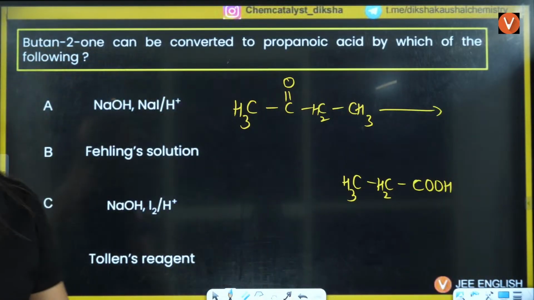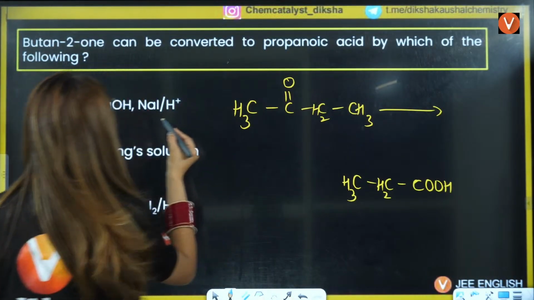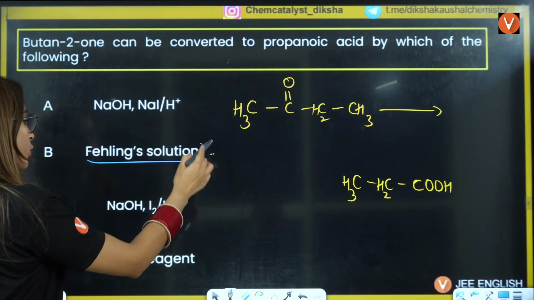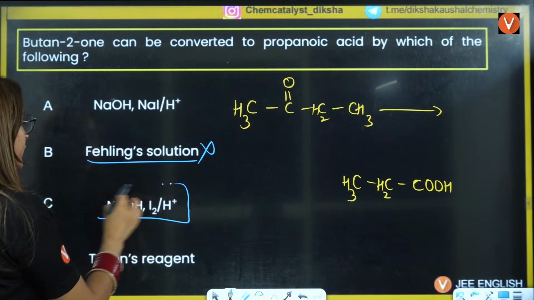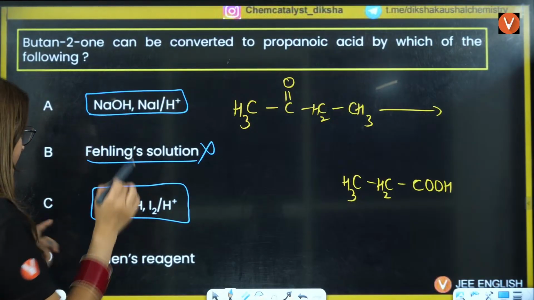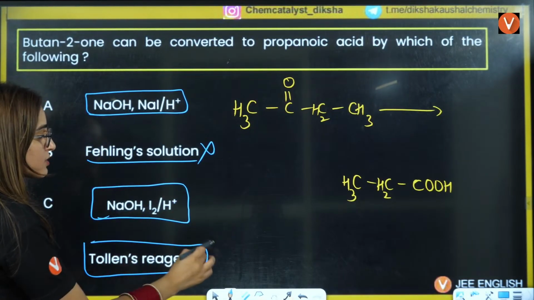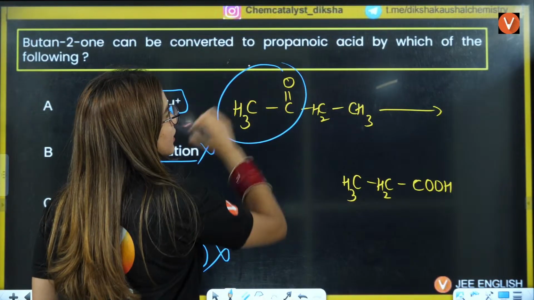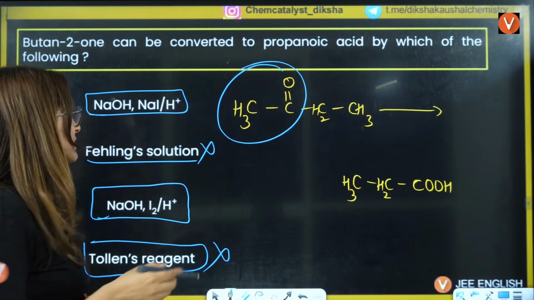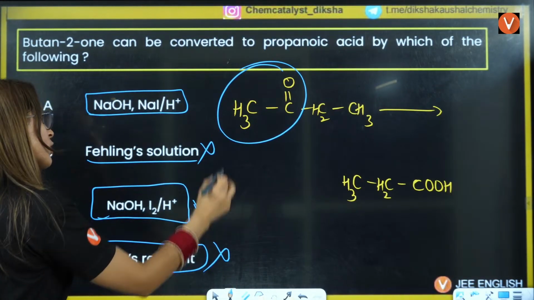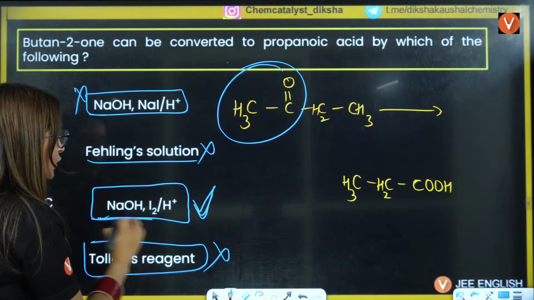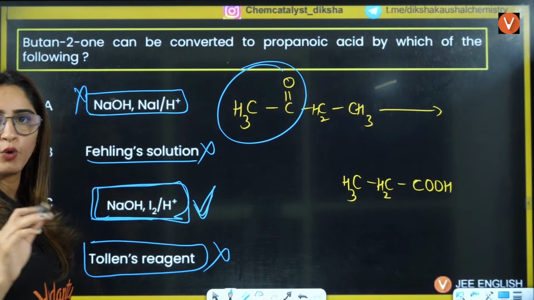Right? Now what we will see is that when you use Fehling's solution, this is not possible because it is a ketone. NaOH and this is NaOH. Tollens' is also not possible because this is a ketone. Because it is a methyl ketone, that means haloform or iodoform reaction, this reagent is of no use, right? So that is NaOH plus I2, that will give you NaOI, right?